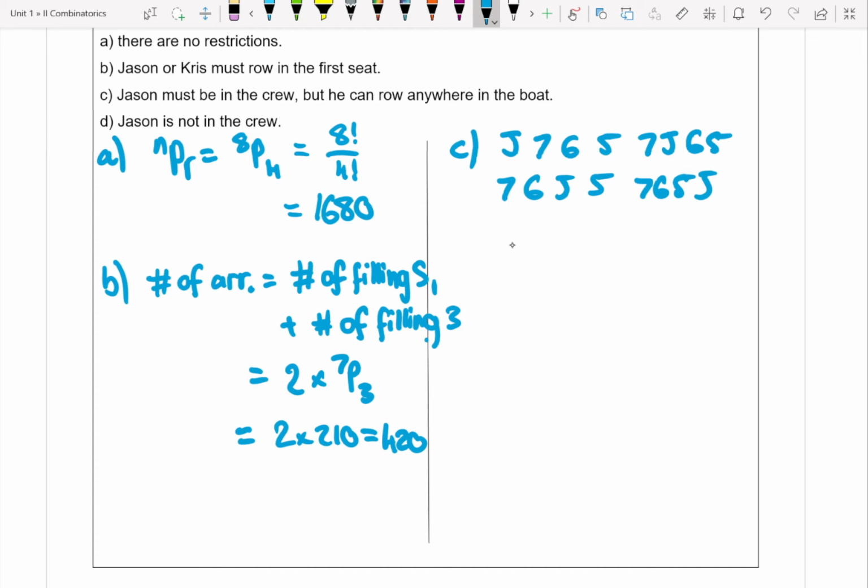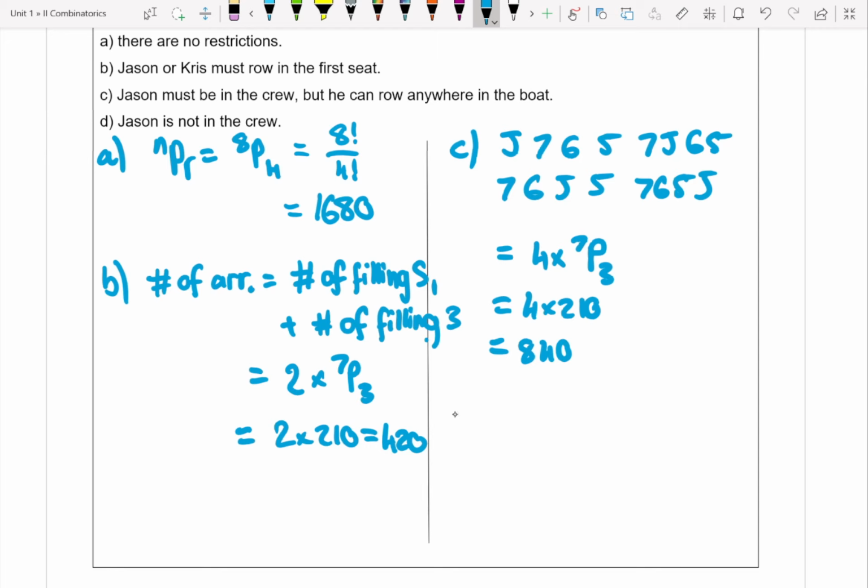That's 4 different ways of placing Jason, times 7P3 for the other 3 people. Like we looked at earlier, 210 for 7P3, which means this is going to be 840 different ways of arranging the 4 rowers if Jason must be in the crew of 4.